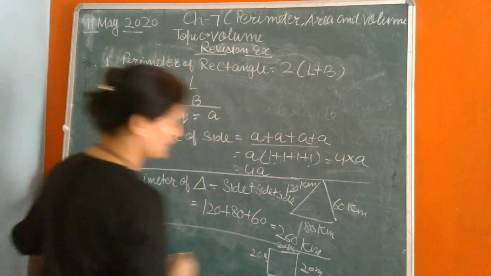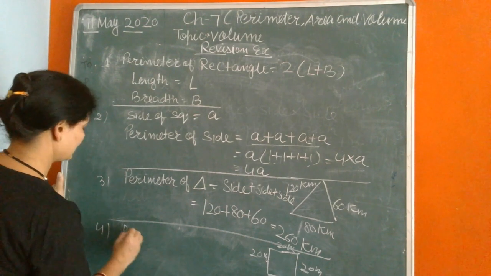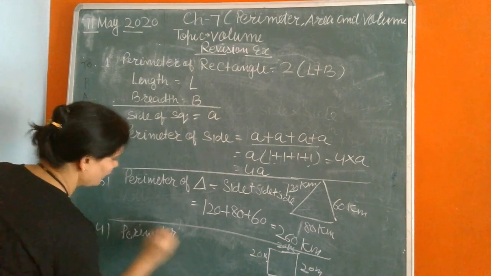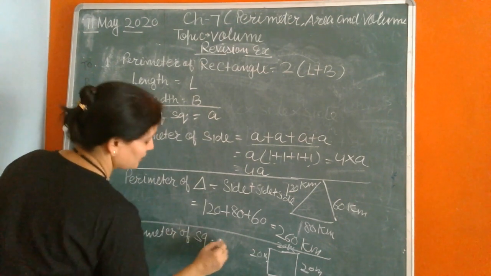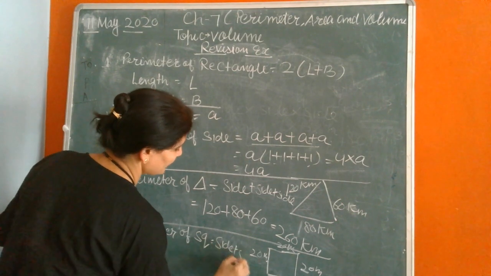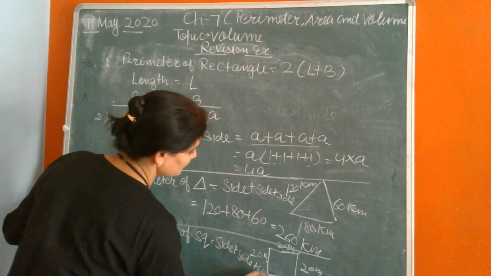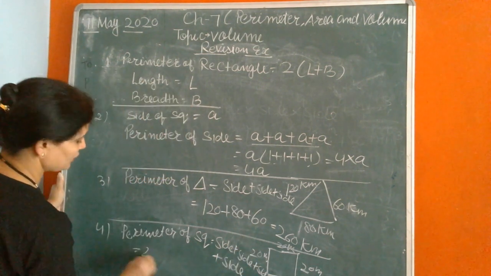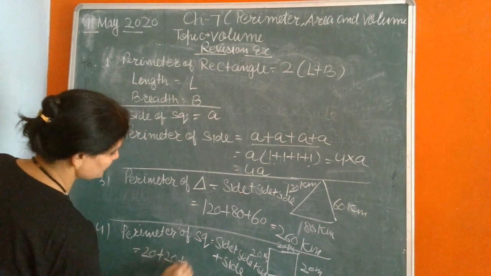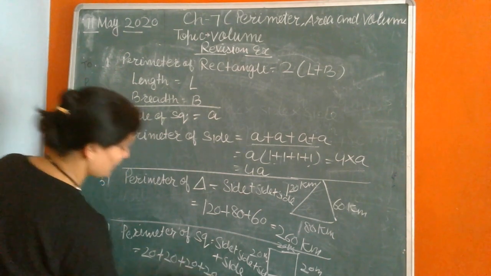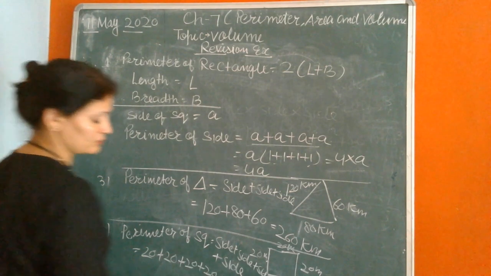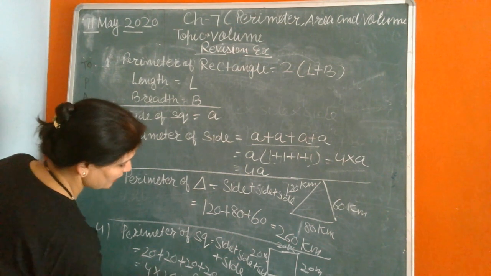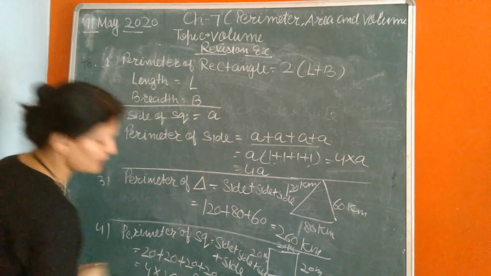Perimeter of the square room is side plus side plus side plus side, because a square has 4 sides. So 20 plus 20 plus 20 plus 20. We can also write it as 4 into 20, equal to 80 meter is the answer.